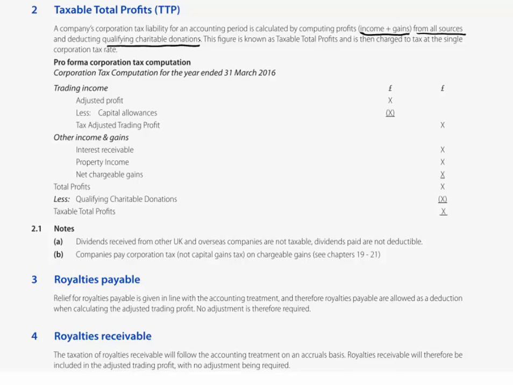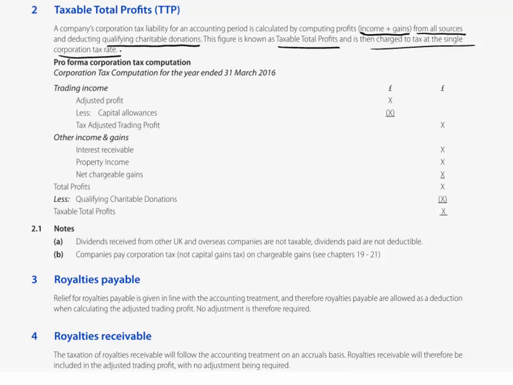So the calculation of the company's TTP will be listing out profits, income and gains worldwide from all sources, and then deducting something we call qualifying charitable donations. That figure will be our taxable total profit. It will then be charged to tax at the single corporate tax rate, the universal rate of 20%.